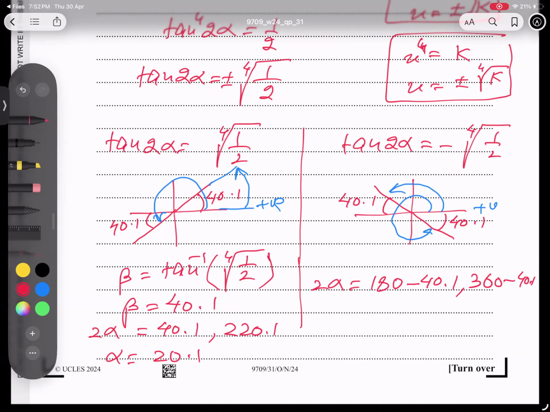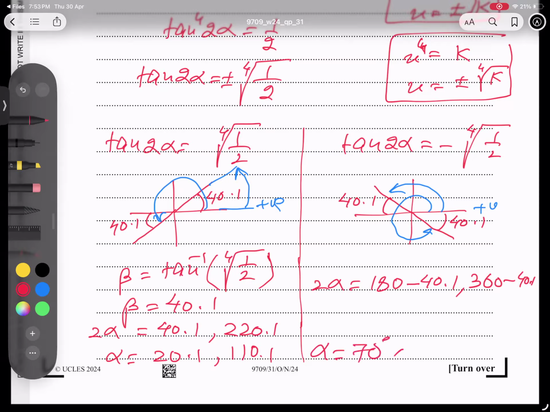220.1 divided by 2, and I'm getting here 110.1. So the second last, minus 40.1, and this angle divided by 2, I'm getting here 69. So alpha is becoming 69.695, and after rounding becomes 70 degrees.